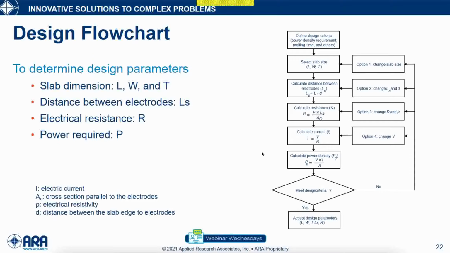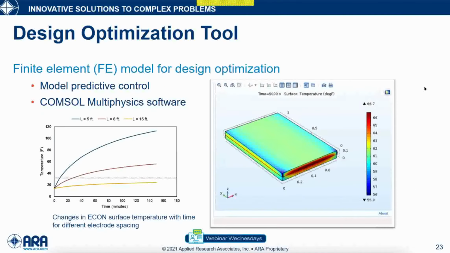Based on that, you can come up with a sufficient design. If you cannot meet this design, you have different options here. You can change the spacing between electrodes, you can change the property of the material, and so on, until you achieve a good design that meets your expectation to prevent ice and snow accumulation on the paved surface.